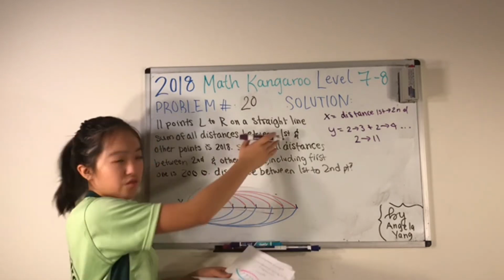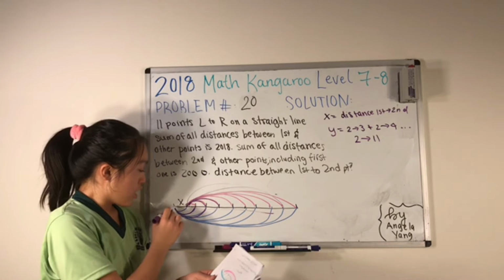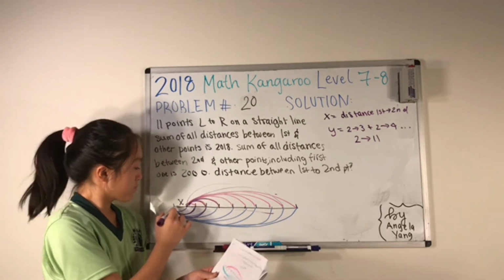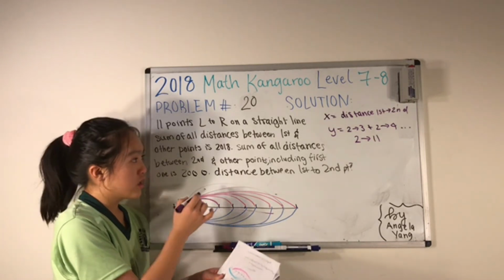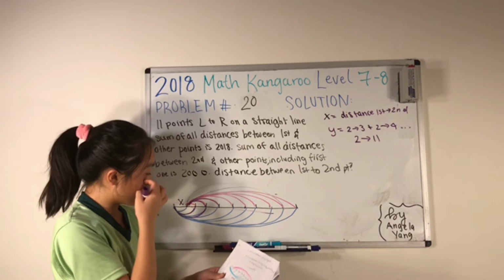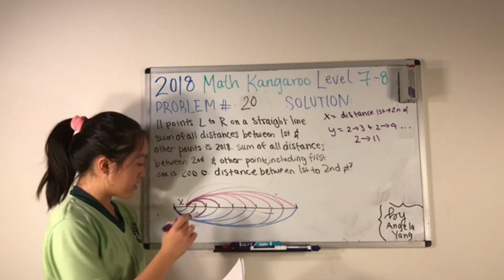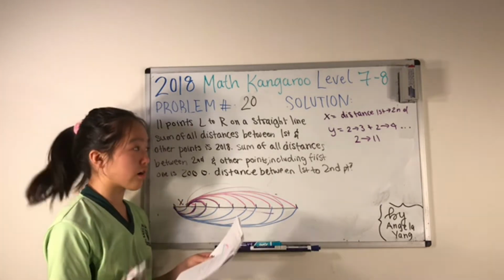The blue section is the first point to all the other points. From the first point to the second point is obviously X. First point to the third point is the same distance as the second point to the fourth point, because as you can see, it's over here and then the length is over here. So the distances are equal.